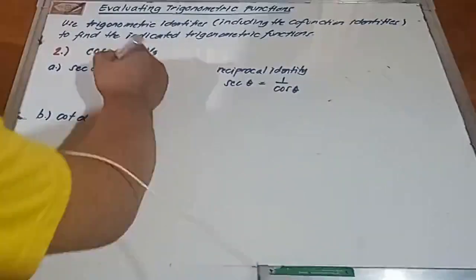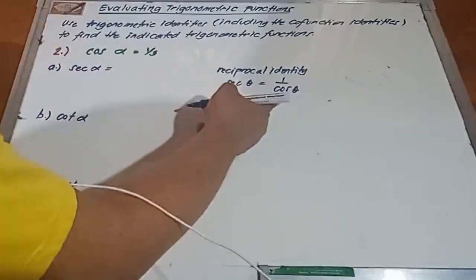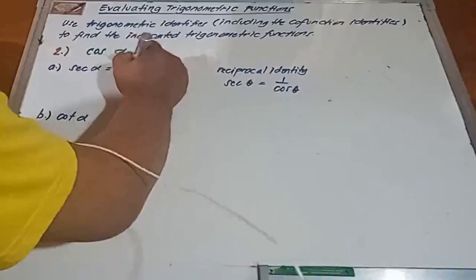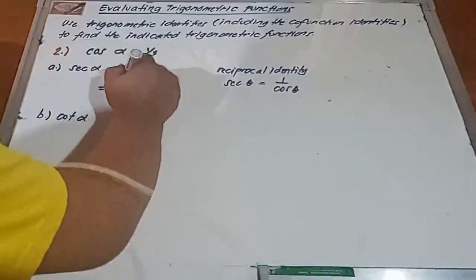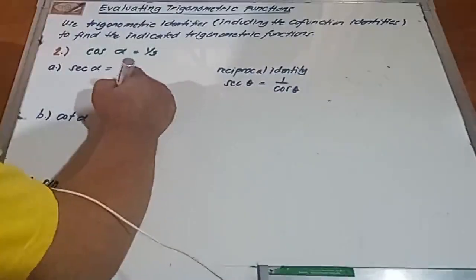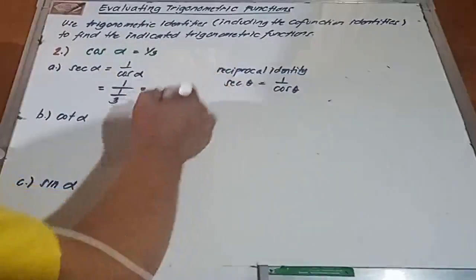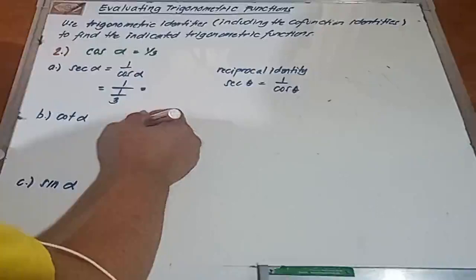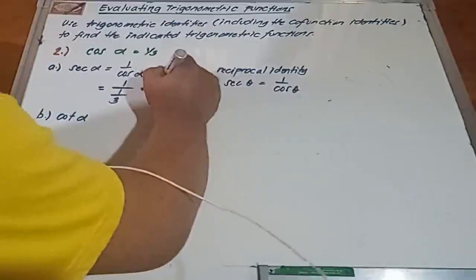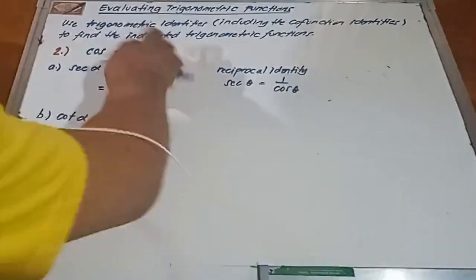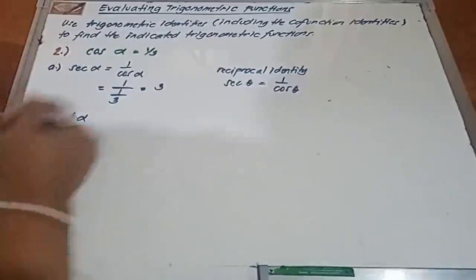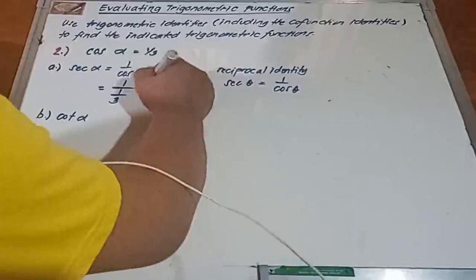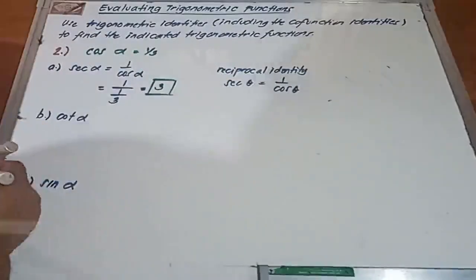So, 1 over cosine alpha. Cosine alpha is 1/3. So, 1 over 1/3. So, reciprocal, magiging 1 times 3 over 1 or just simply equal to 3. Baliktarin nyo na lang yun. So, that is our secant alpha, 3.